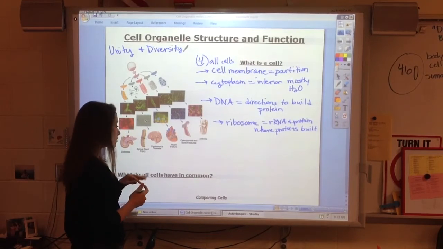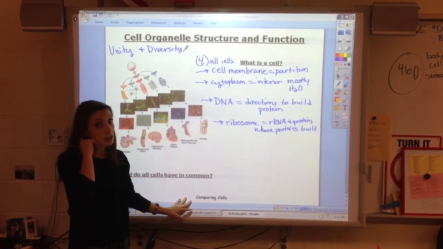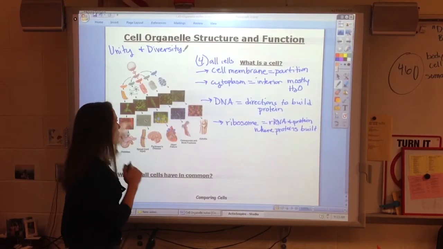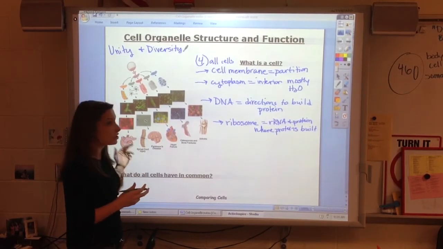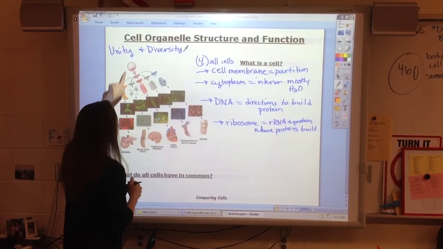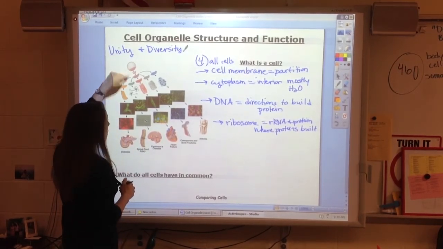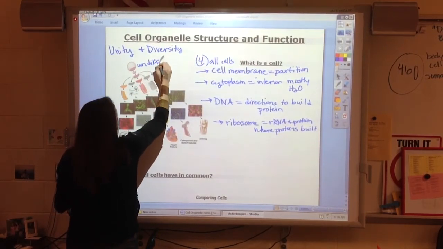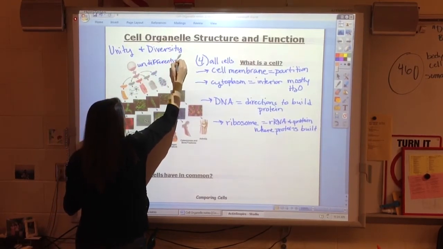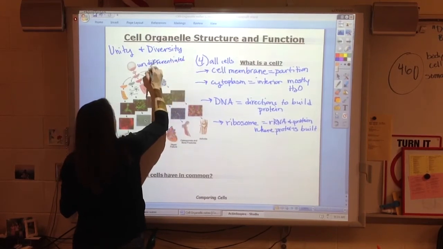And of course, you're used to talking about prokaryotic and eukaryotic cells, but we're also going to be talking about the idea of differentiation even in eukaryotic cells. So we can have what are called undifferentiated cells, and stem cells are an example of undifferentiated cells.